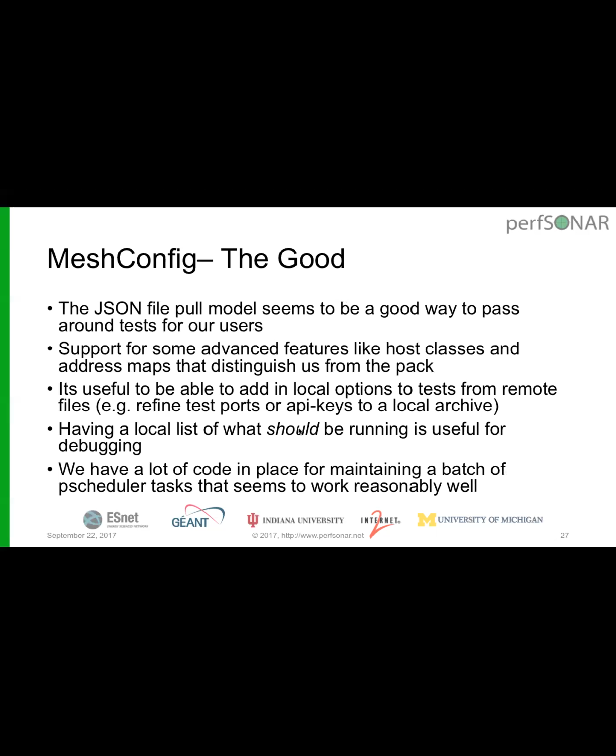Now, those same hosts might talk to other hosts on circuits, right? But they'll use a different set of IPs. So these address maps basically allow us to define in the mesh that, hey, when host A is talking to host B, use this set of addresses. But when host A is talking to host C, use this other set of private IP addresses, right? And then you can draw a dashboard and it looks pretty and it's still a nice square and all that. So there's some good features like that.